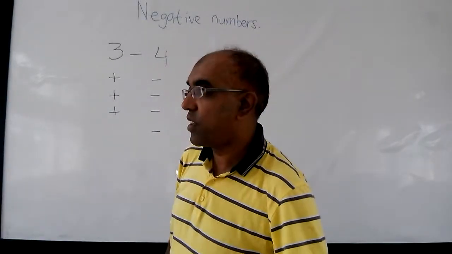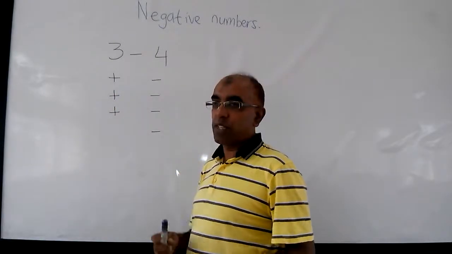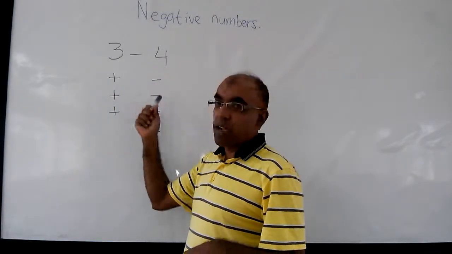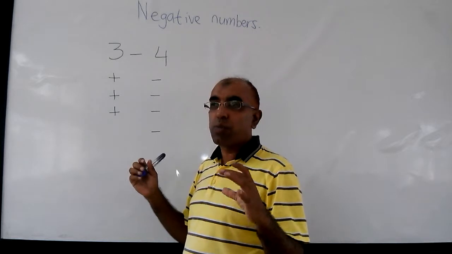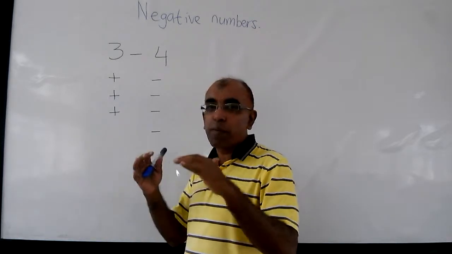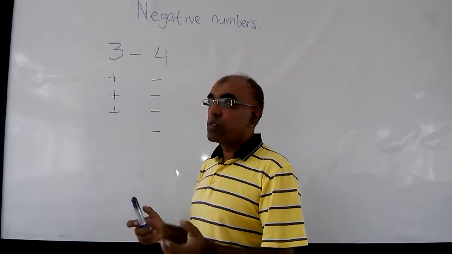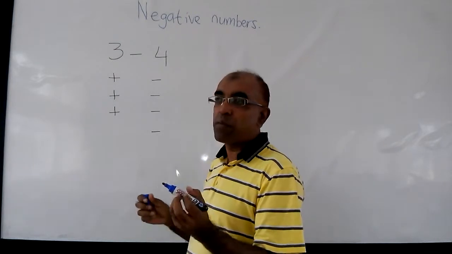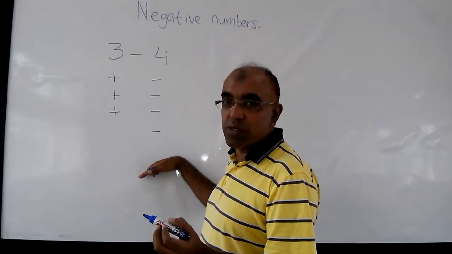Now actually the plus represents a boy and minus represents a girl. So a boy and girl will form a pair, a couple. So let us see how many couples can be formed with this combination.